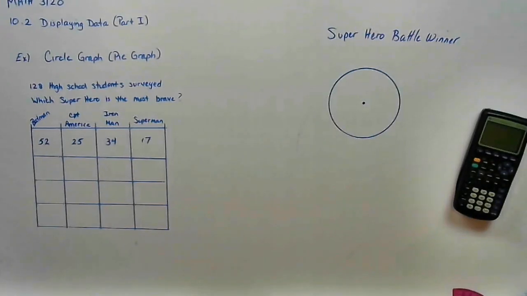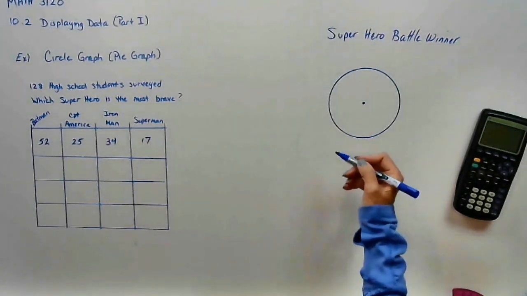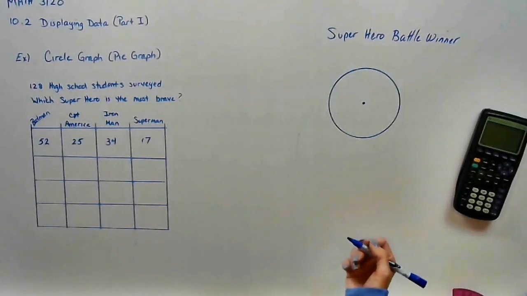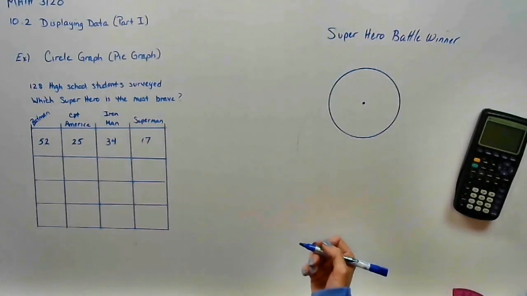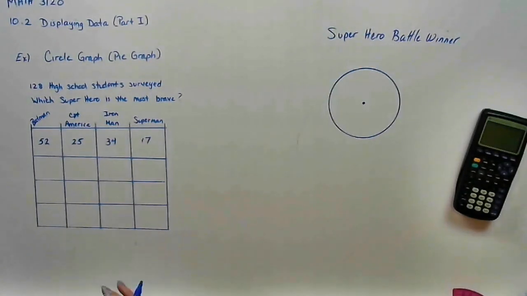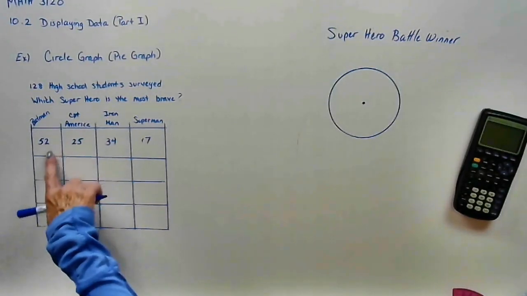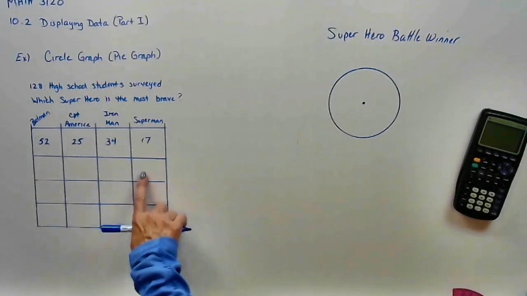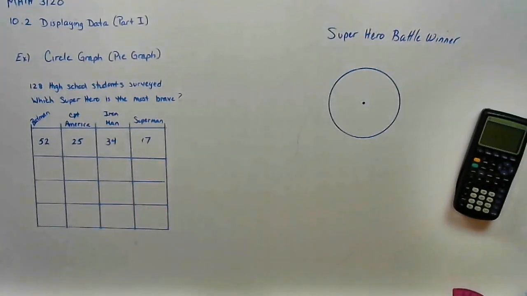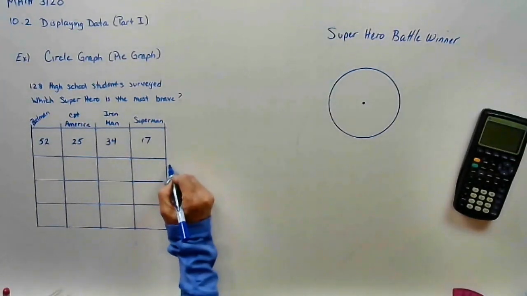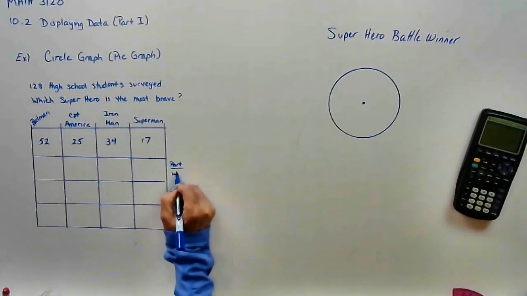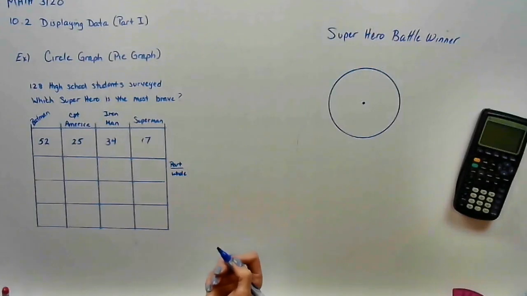And we need to create what are called sections or wedges. Okay, so each one of these sections we call the sector, and I'm going to show you how to calculate that. So it's a graph that uses percentages. So we need to know what percentage or what fraction of the whole, what wedge, what pie piece is going to fit in here. So here we want the fraction, we want what part out of the whole circle is represented.